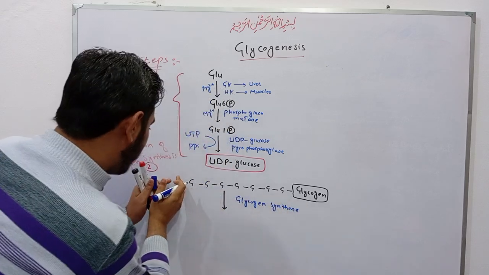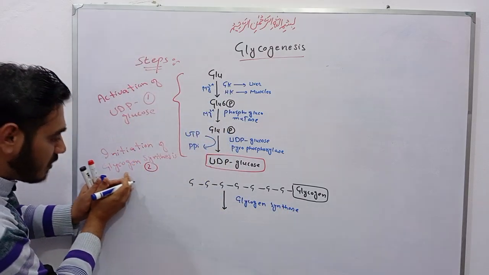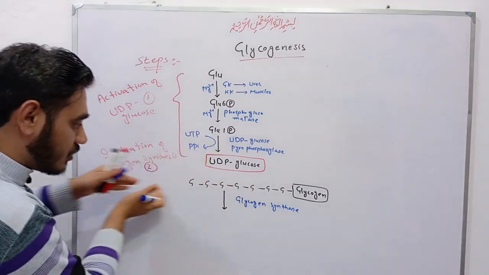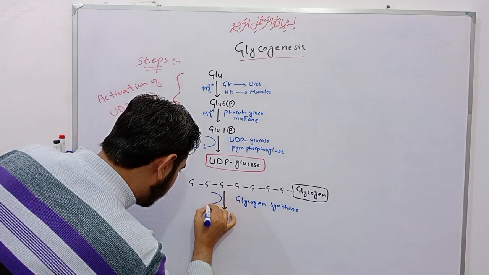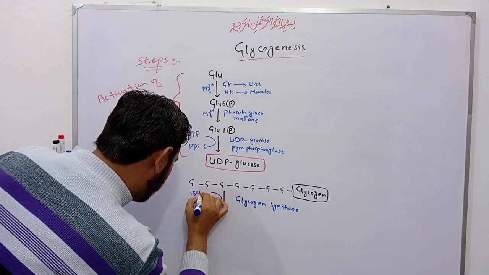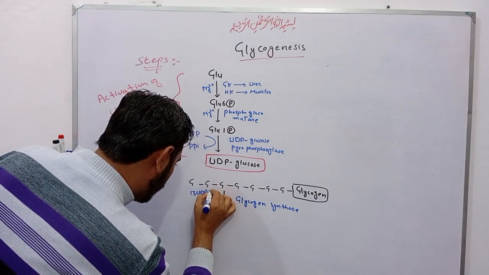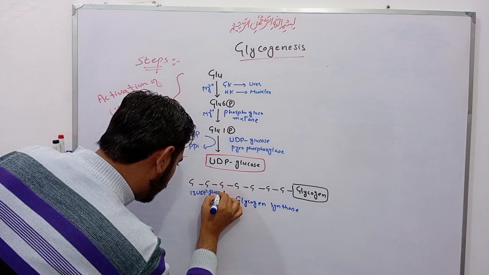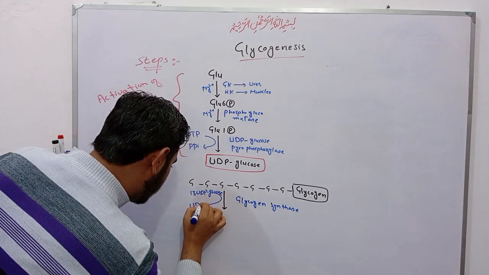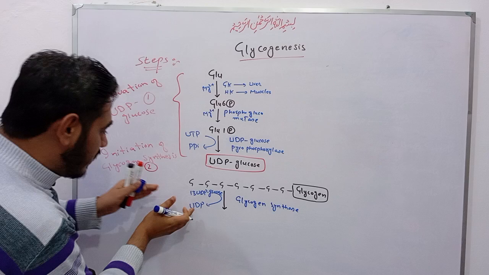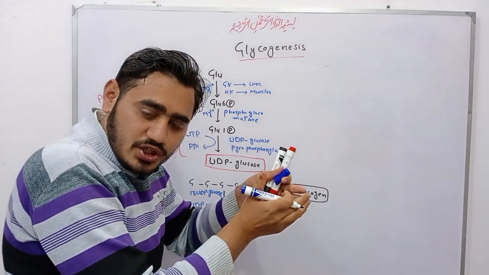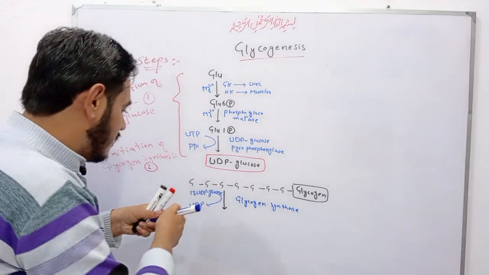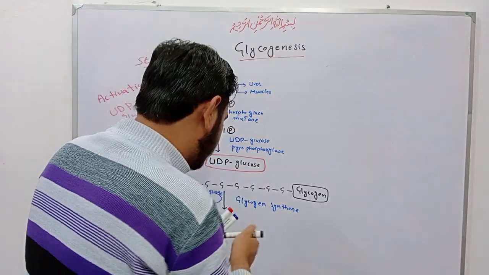This successive attachment of glucose molecules helps in the elongation of the chain. Approximately 13 UDP glucose molecules are used and UDP is released, while the glucose molecules get attached here and are very important in the elongation of the chain.